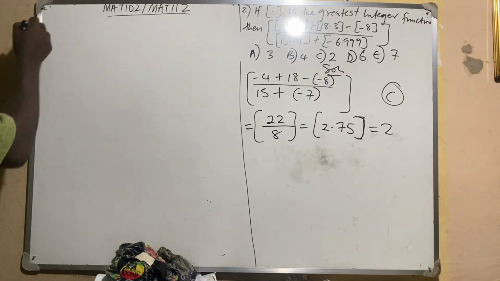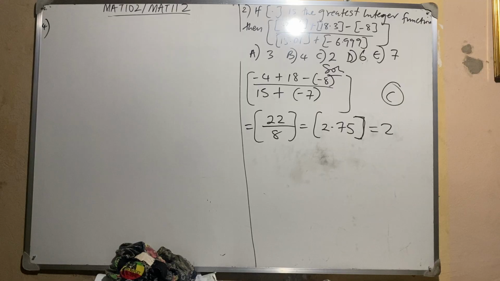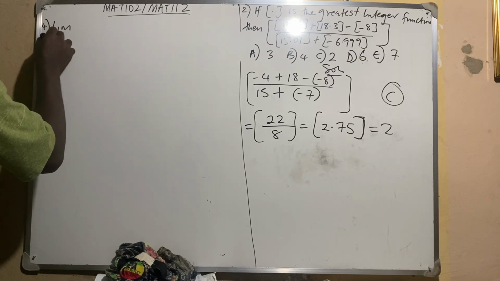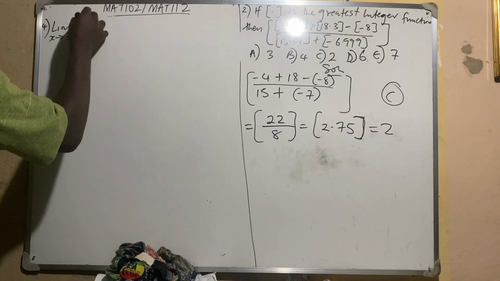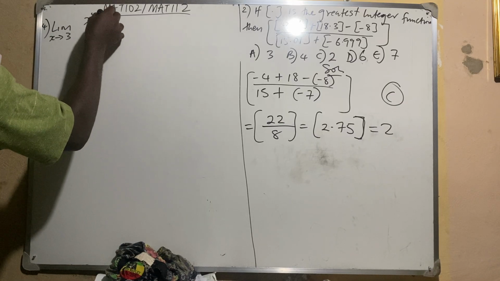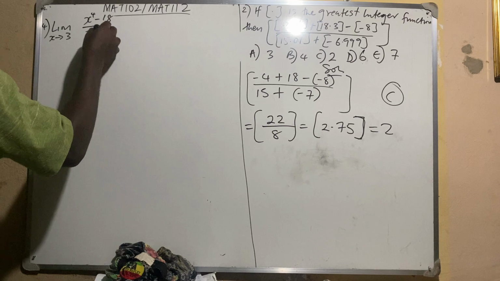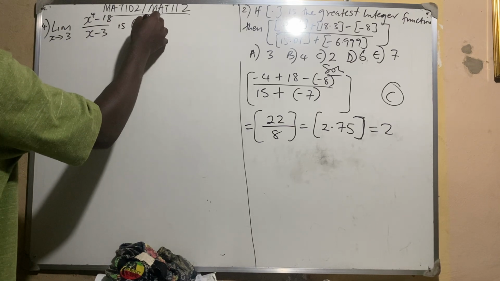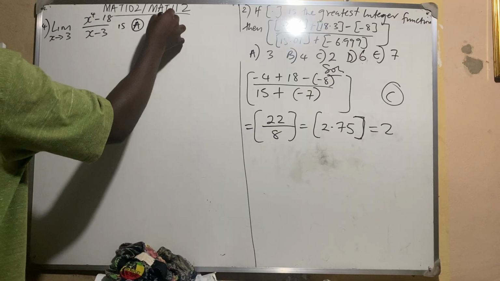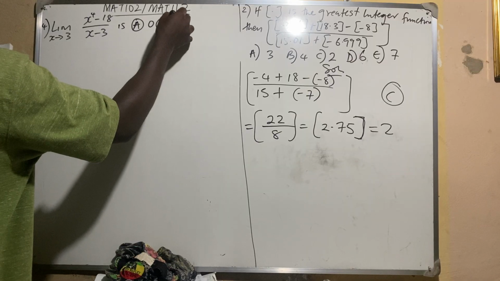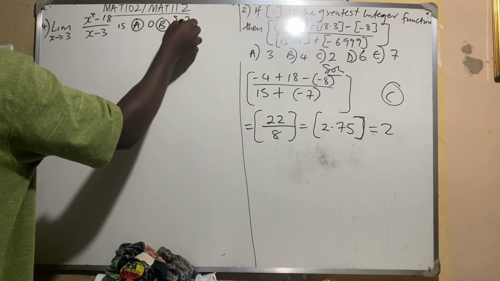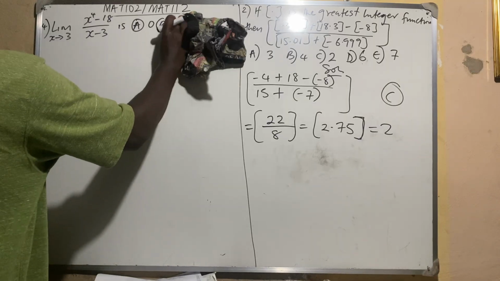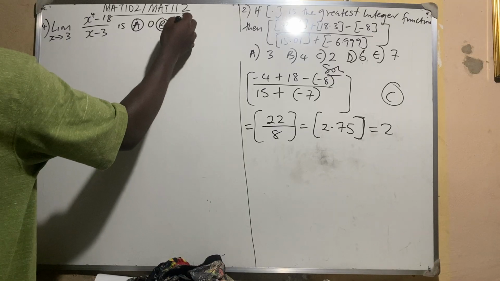Question number 4. Question number 4 said the limit as x approaches 3 of x raised to the power 4 minus 18 all over x minus 3. Okay, say option A, I have 0. Option B, I have infinity.